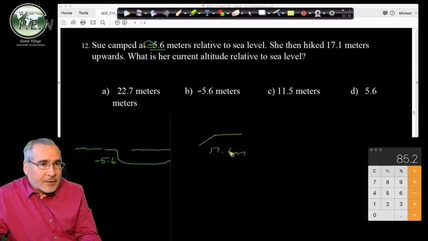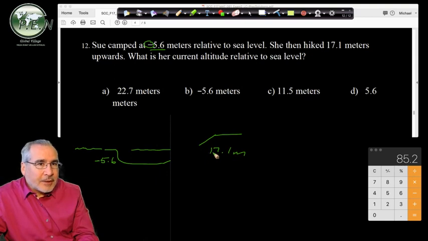So we notice it can't be 17.1 meters above. Certainly couldn't be 22.7. We started at negative 5.6, so that doesn't make any sense. Could be either of these, but what it is, it's a subtraction problem. It's 17.1 minus 5.6.